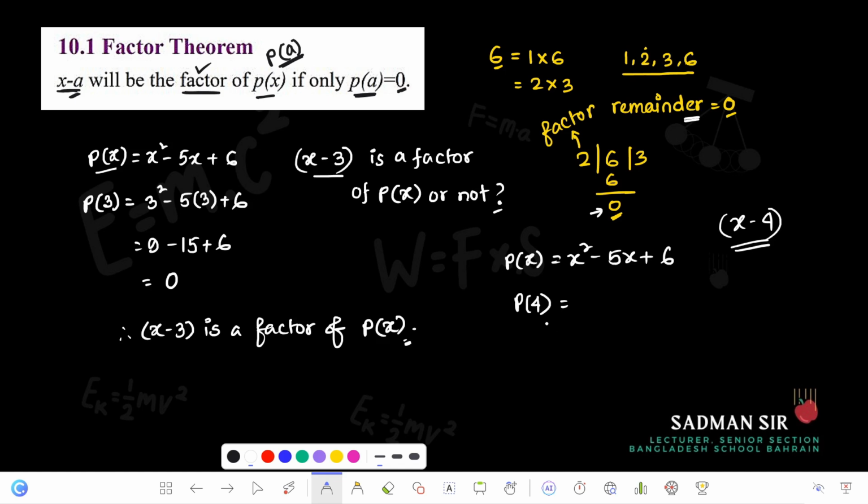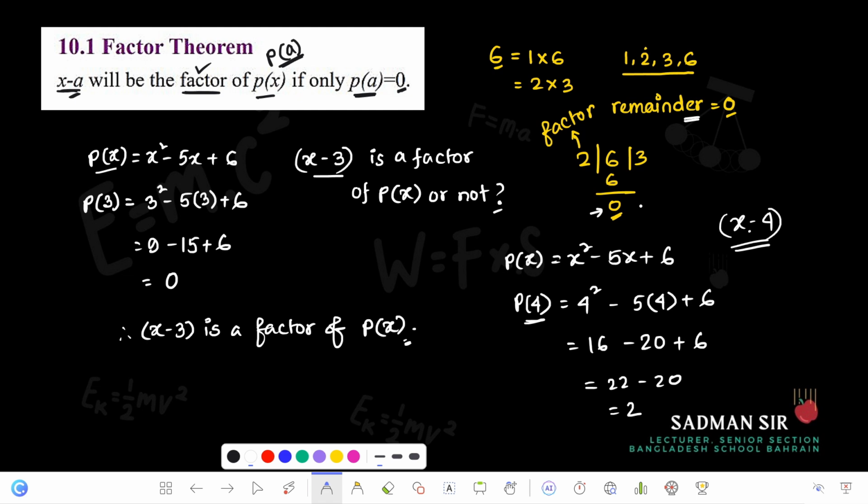So the remainder will be p of 4. x will be replaced by 4, right? So 4 square minus 5 into 4 plus 6. This equals 16 minus 20 plus 6, 22 minus 20, which is 2. As the remainder is not equal to 0, we can say that x minus 4 is not a factor of p of x.